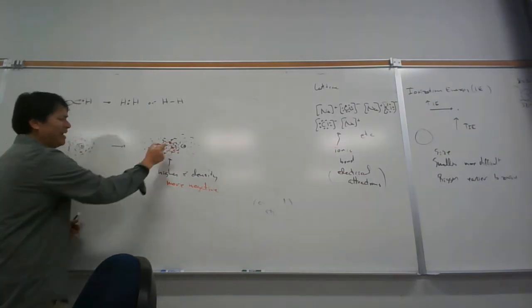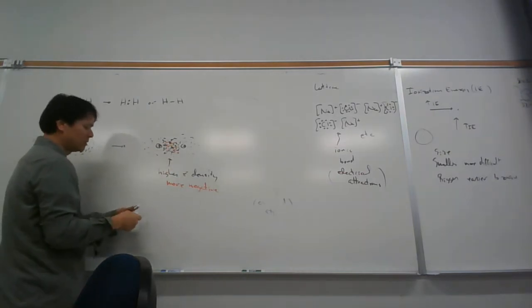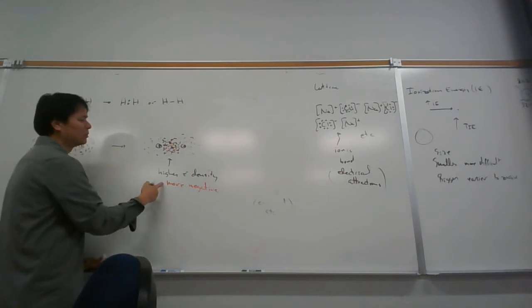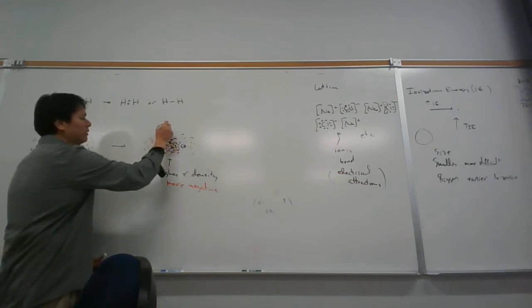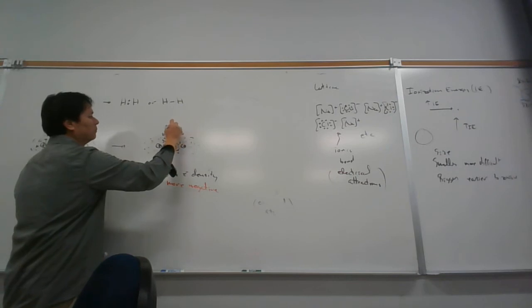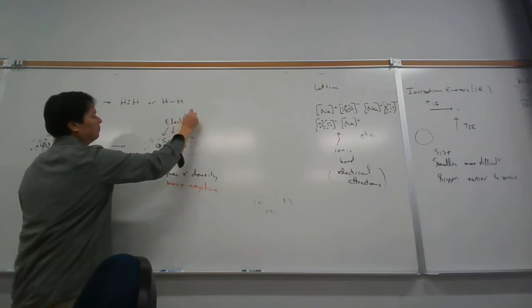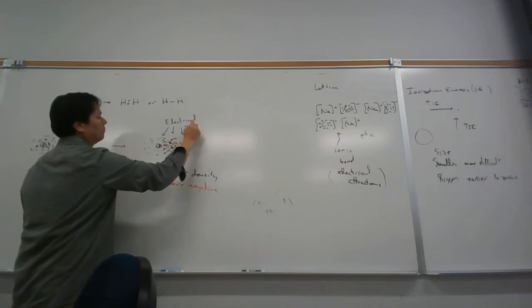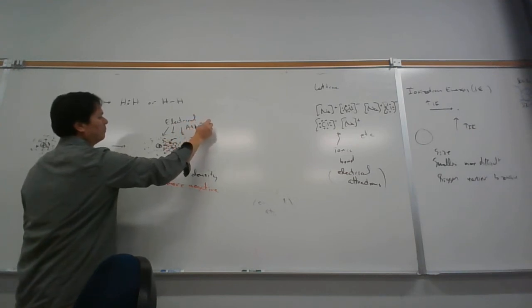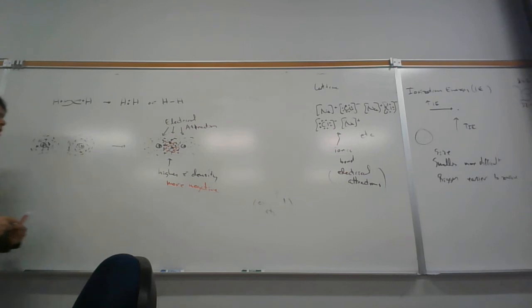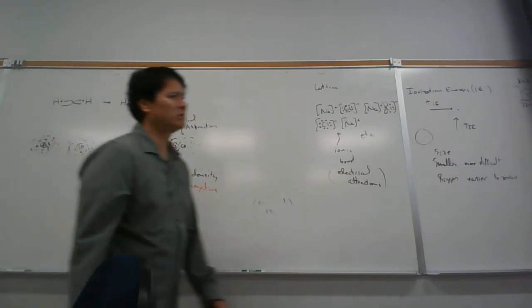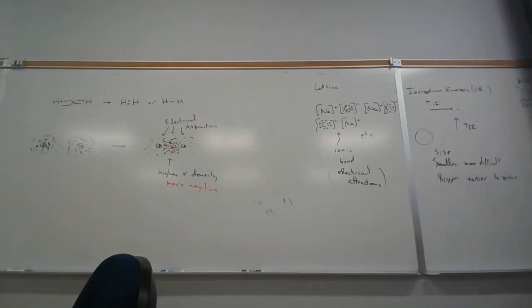So what we have is the electrical attractions between the protons and this more negative charge region here. And since we have the overlapping dots, they're going to just double up. So that's what they're trying to show here.